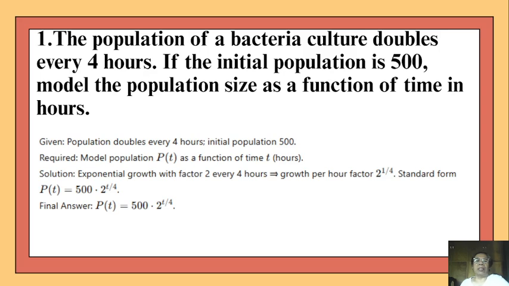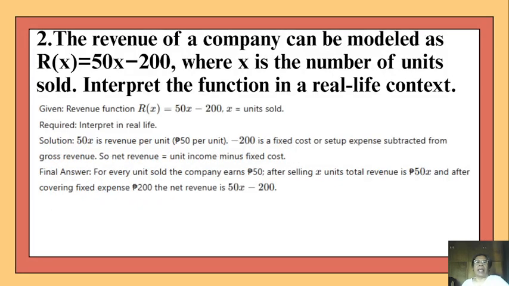And the standard form will be population P as a function of time is equal to 500 times 2 raised to t over 4. So our final answer will be P(t) = 500 times 2 raised to t over 4. And then practice problem number 2.